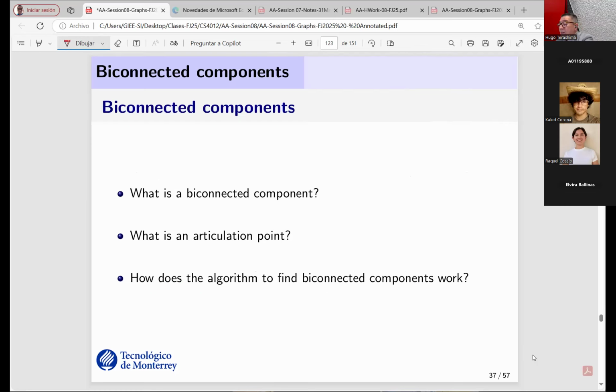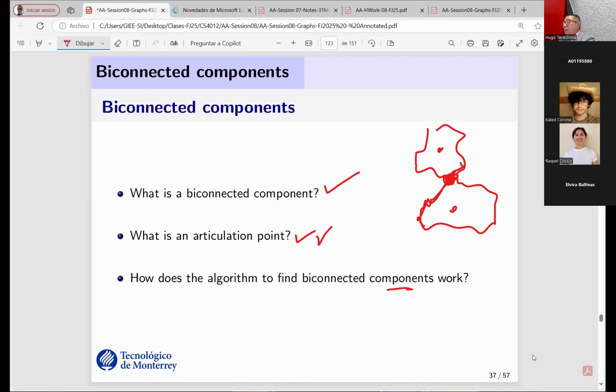And you need to find the bi-connected components. So that is a bi-connected component, and the articulation point is something in which, if you are going to connect a bi-component with this other, all the paths between an element here and an element here are going to be passing through this articulation point. So that is the definition of the articulation point, right?